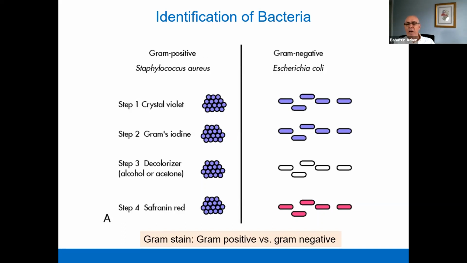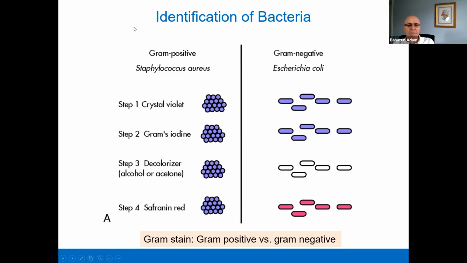To identify the microorganism is the first step in microbiology. To examine them under the microscope, you stain them, then examine them under the microscope to make a first step of the identification.